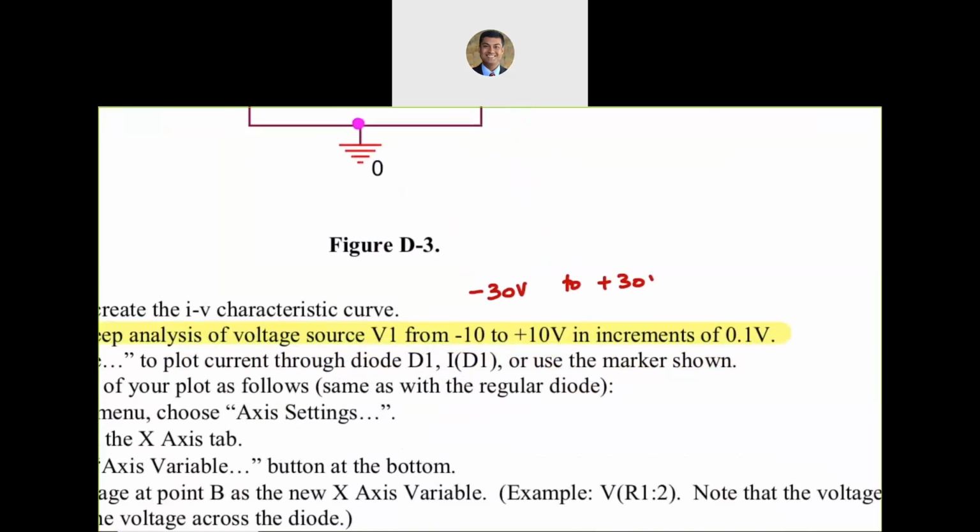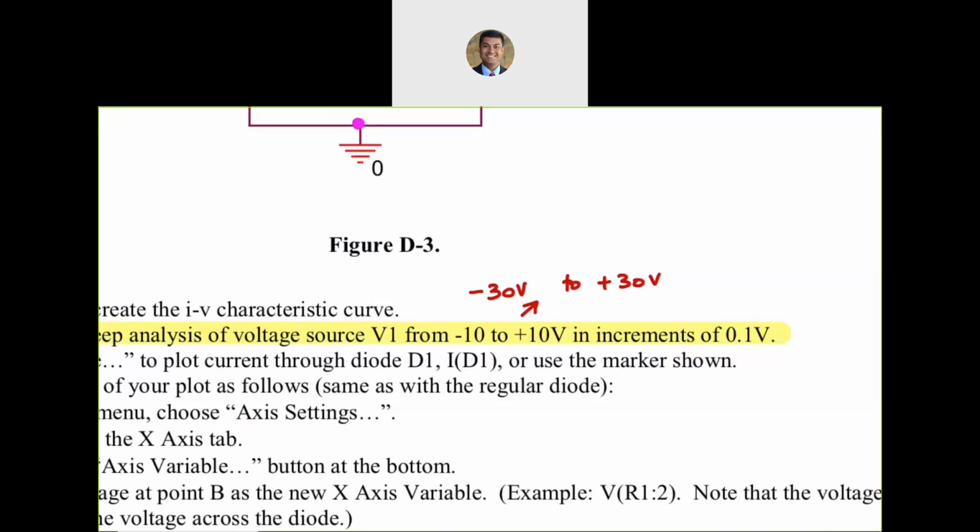So if you increase the range over which you are running this DC sweep analysis, you might be able to explore a bigger range of the reverse biased voltages. So if you are only able to get the results until negative 5 or negative 5.05, you will be able to go down to negative 5.1 if you increase that parametric sweep range.